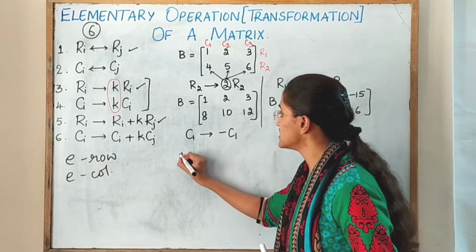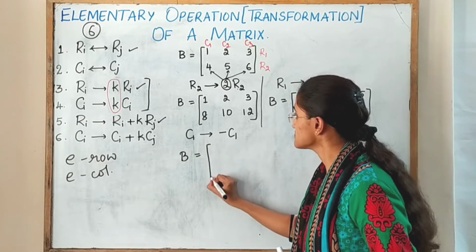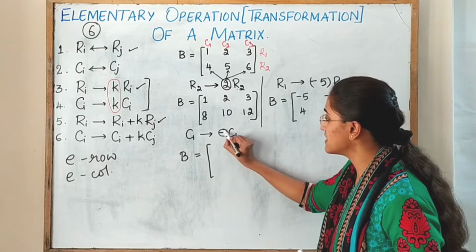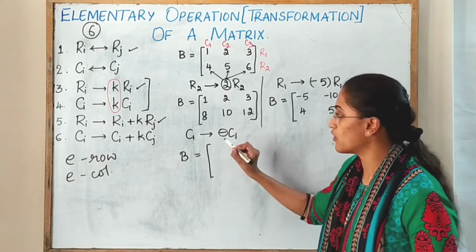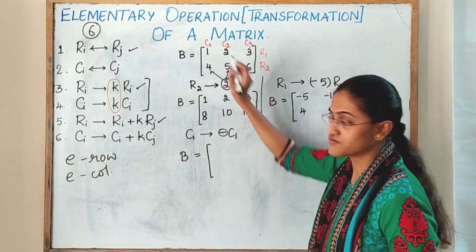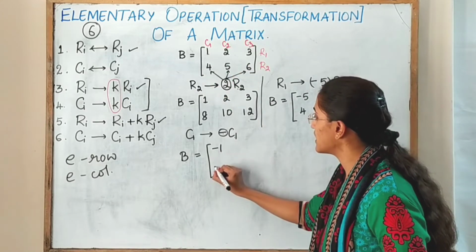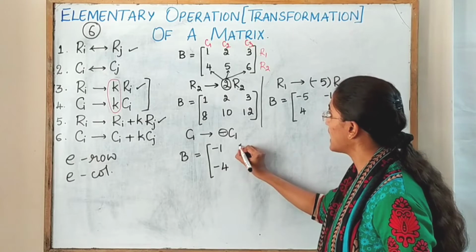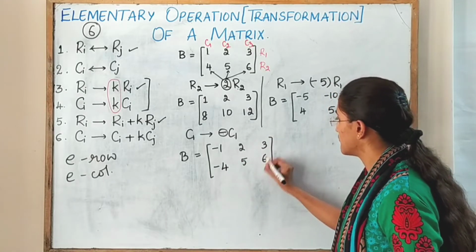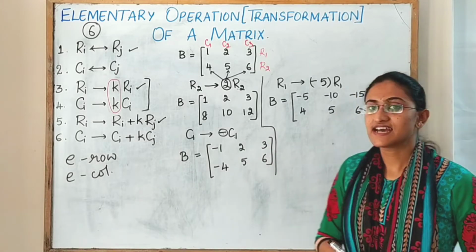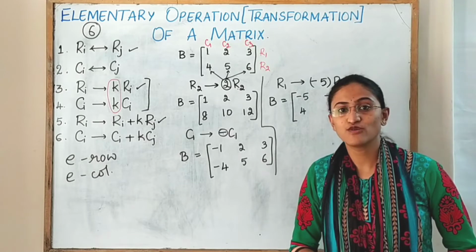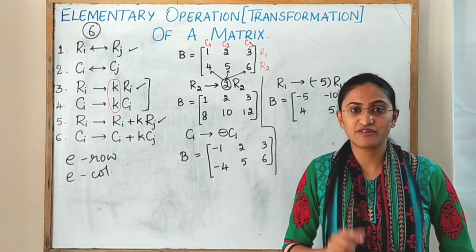Then we get a new matrix as, I'm just multiplying C1 by a negative sign, which is nothing but minus 1. Now if I'm multiplying minus into every element of C1, then we get minus 1, minus 4. All the other columns remain as they are without changing. These are some of the operations that I have shown. Again, you can use any operation that you prefer to apply.